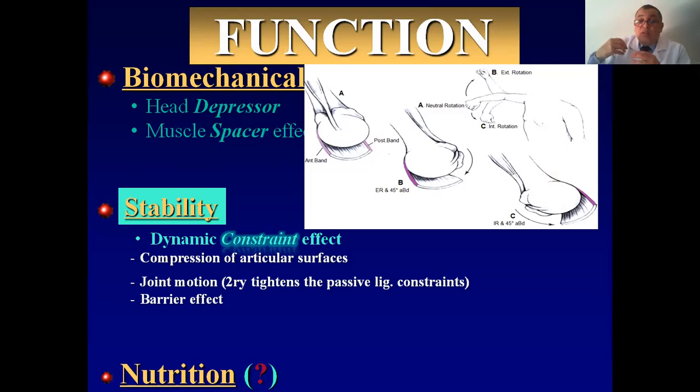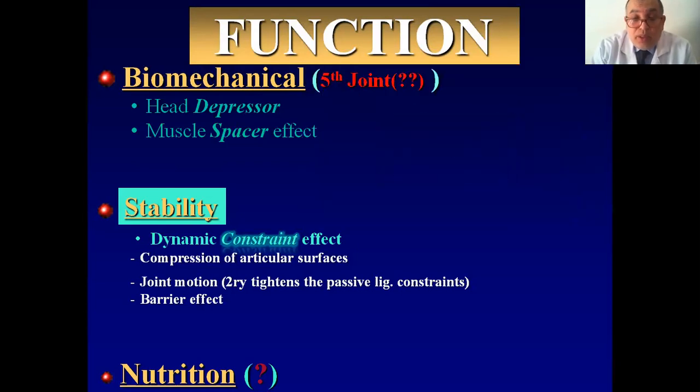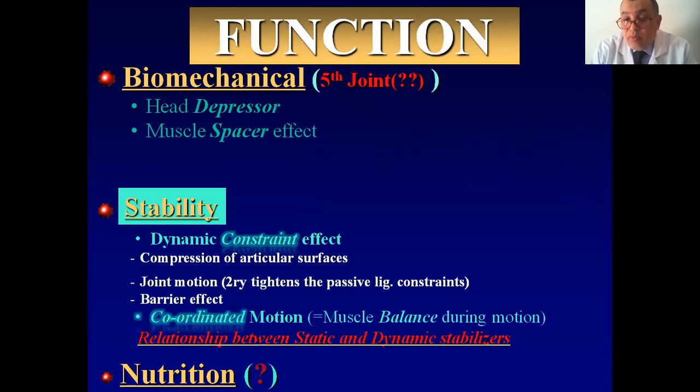But in the rotator cuff, the external rotator, which is the teres, is contracting at the same time with the upper subscapularis to tighten the anterior band of the glenohumeral complex to prevent any further translation of the head. So we can say that the coordinated motion, or the muscle balance during the motion, is the main function of the rotator cuff, and it is the junction between the static and the dynamic stabilizers of the glenohumeral joint.